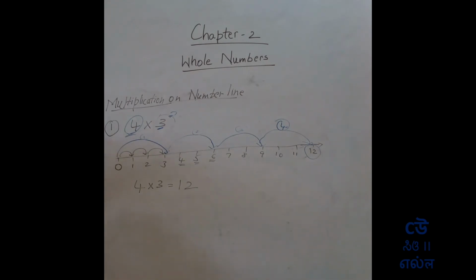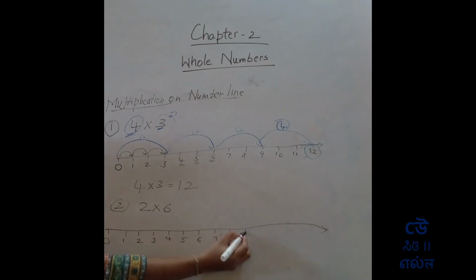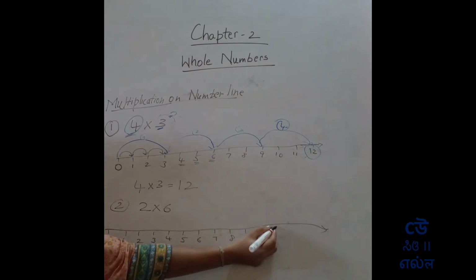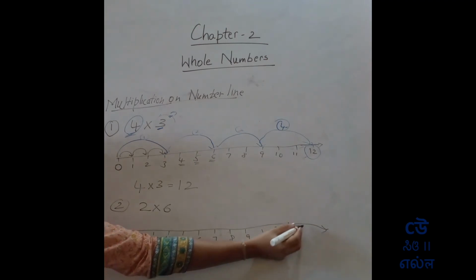I'll take one more example. The second one: 2 into 6. Okay? The number line: 0, 1, 2, 3, 4, 5, 6, 7, 8, 9, 10, 11, 12, 13.